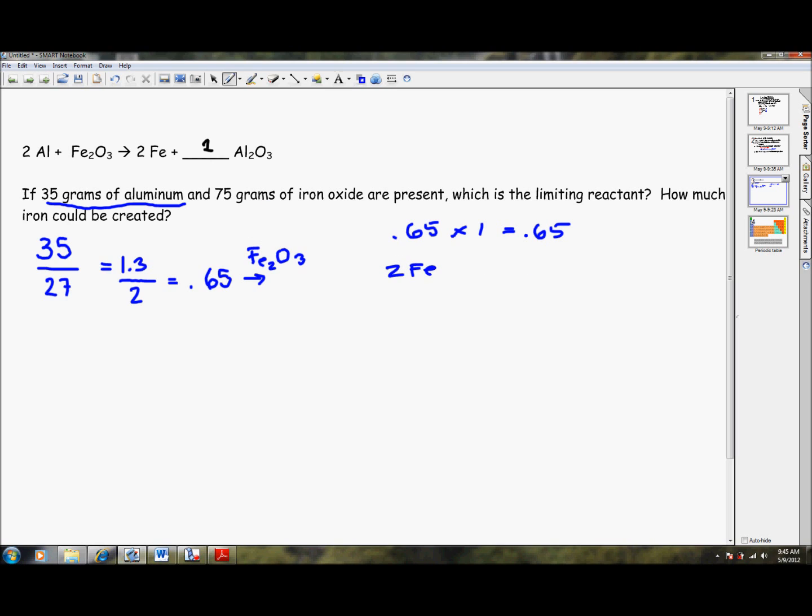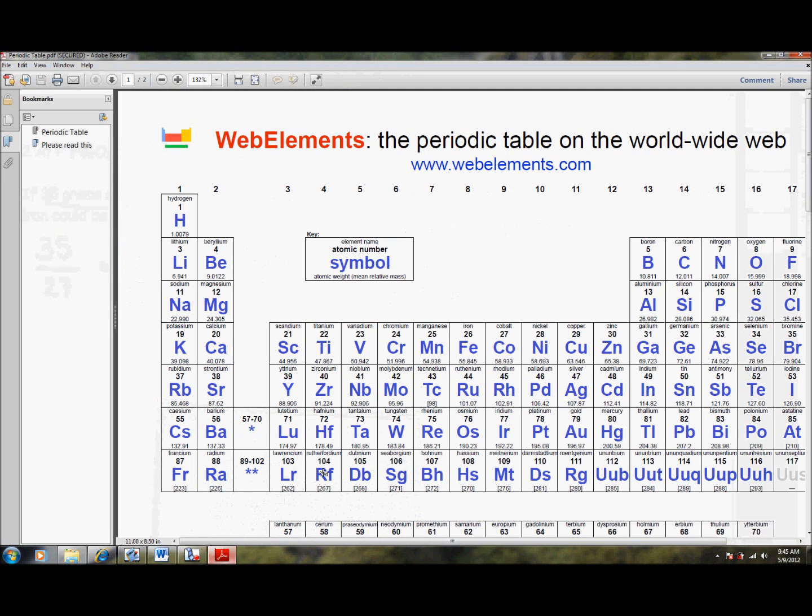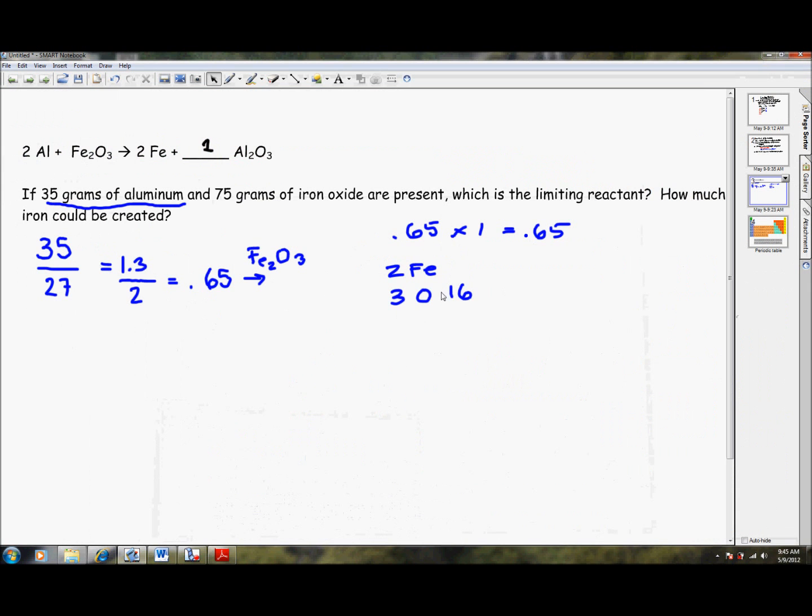So I need 2 Fe and 3 O's. O is about 16, and let me check my periodic table, Fe is about 56. Okay, so I'm going to put that in my calculator.